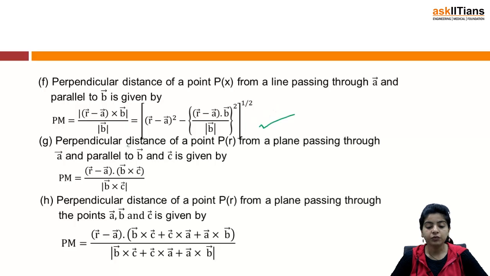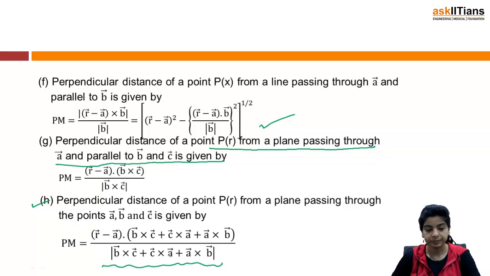The perpendicular distance of a point P(R) from a plane passing through A and parallel to B and C is given by PM equal to (R minus A) dot (B cross C) by magnitude of B cross C. The perpendicular distance of a point P(R) from a plane passing through the points A, B and C is given by PM equal to (R minus A) dot (B cross C plus C cross A plus A cross B) divided by the magnitude of (B cross C plus C cross A plus A cross B).